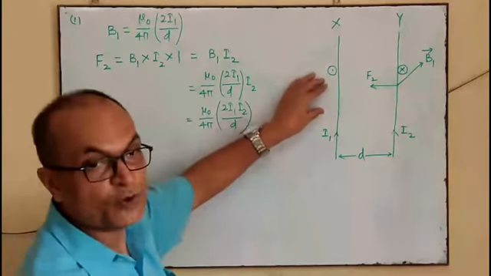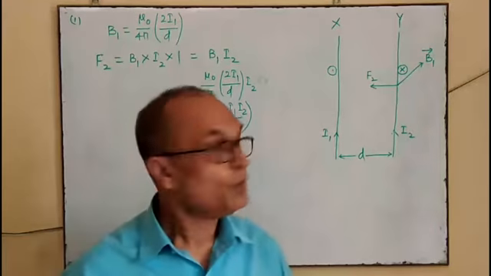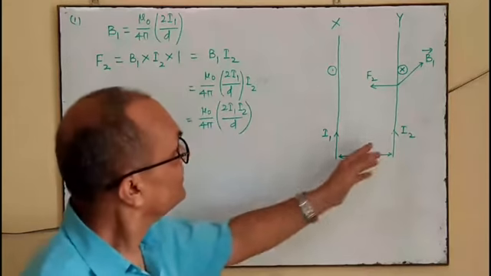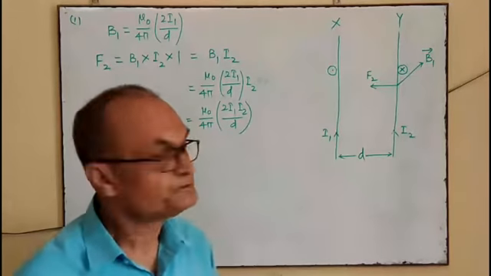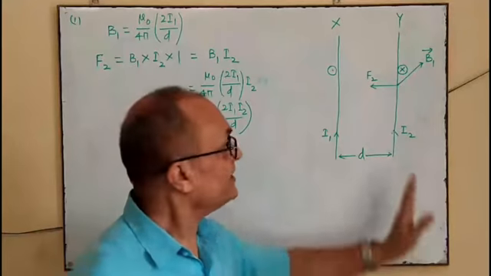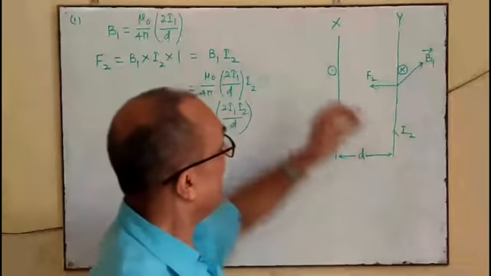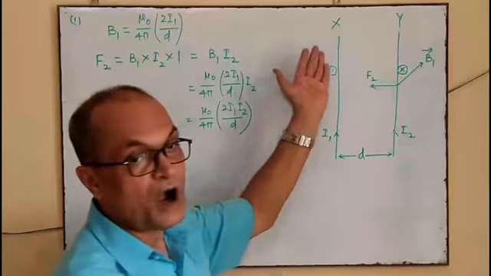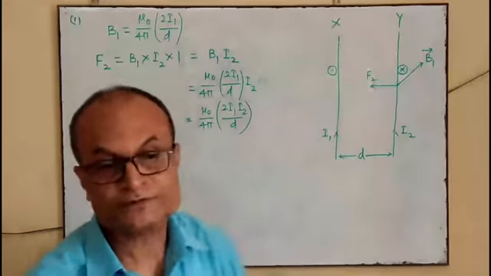Now we will think over this wire X, through which current I1 is flowing. I2 is the current flowing through this wire Y, and at this point the direction of the magnetic field is outward from the board.